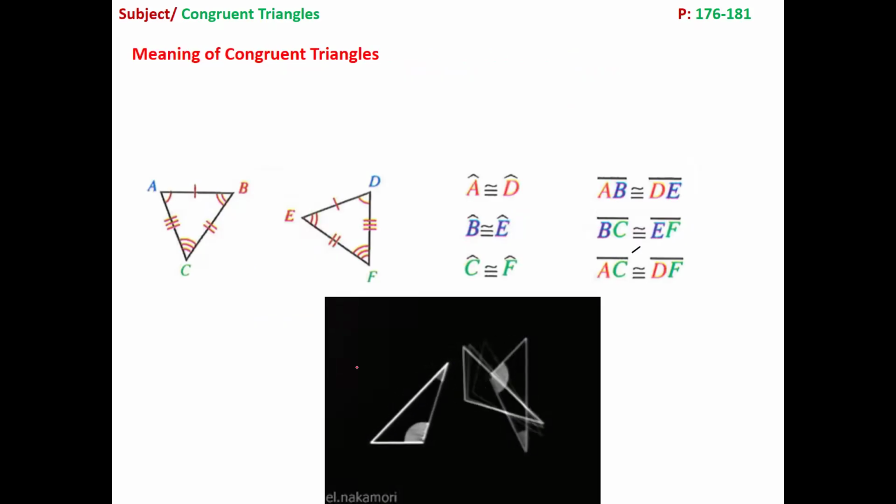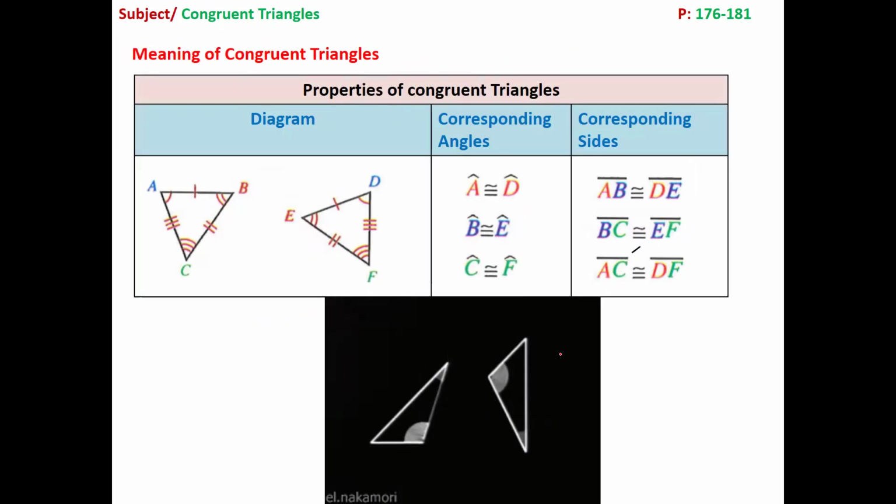Now if you take a look, we have two triangles, and they are exactly the same. How do we know? Because this side has one line and this one also has one line, so they are equal to each other. That's why we say AB equals DE.